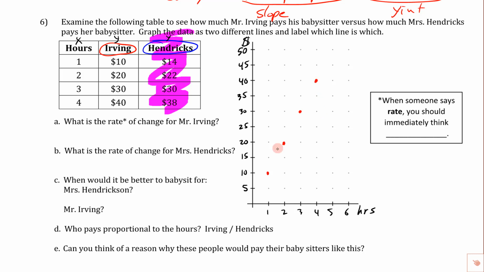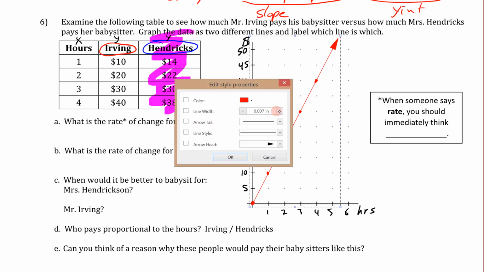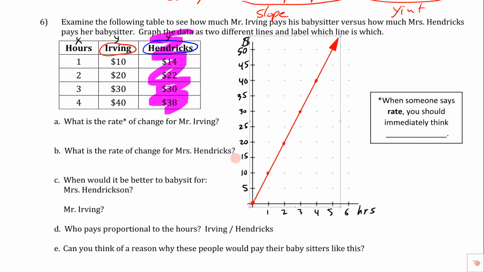If I follow this stair-step pattern, that puts me down about right here. That looks pretty good. I'm going to put a line in here, right there, and go up through here. I'm going to make that a little bit fatter so it looks a little bit nicer. And there we go with that one.